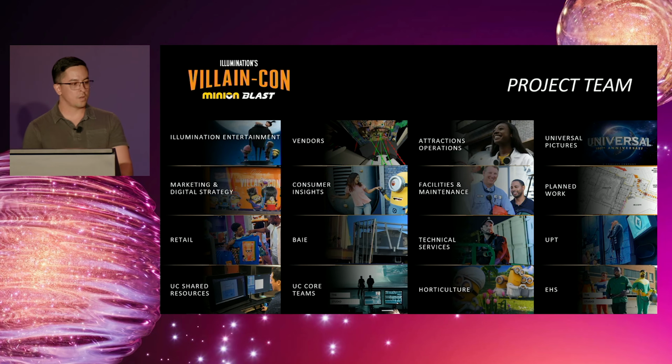Along with working with Illumination and Entertainment, we have a lot of different project teams that work to build various attractions throughout Universal. And a lot of different requirements that all of them have to set to make a nice attraction, a nice ride for the guests.